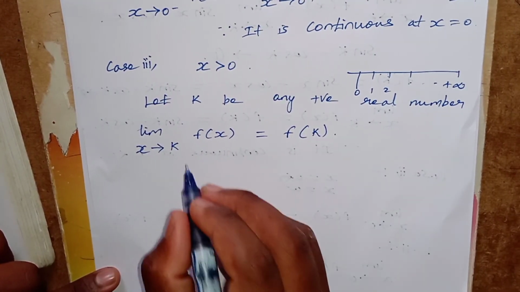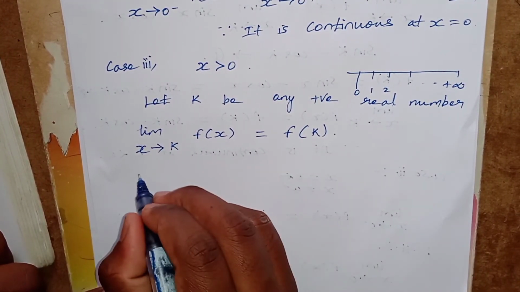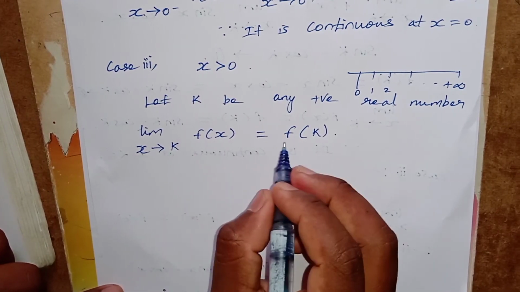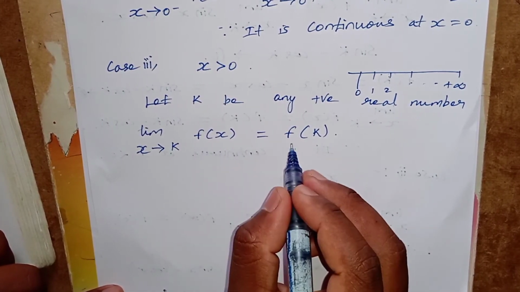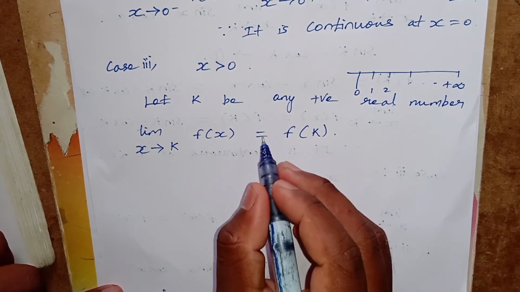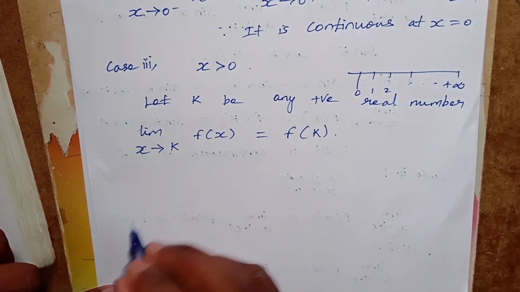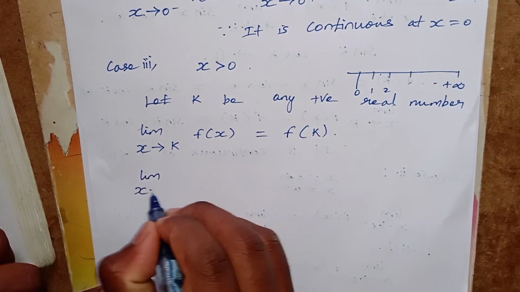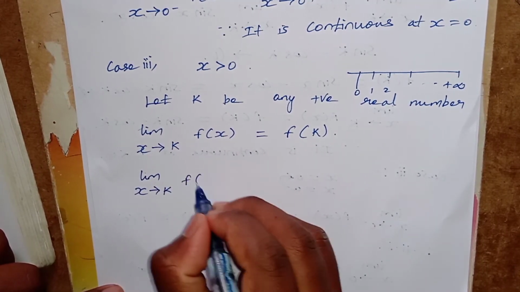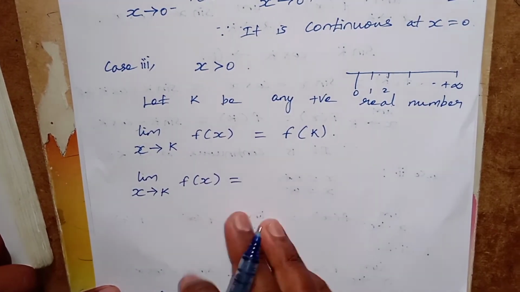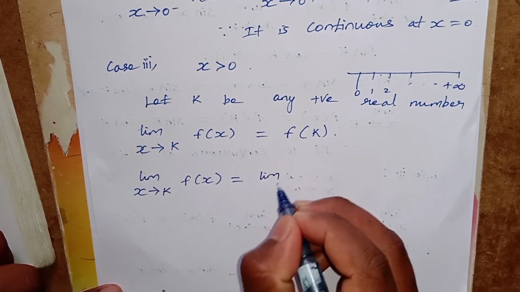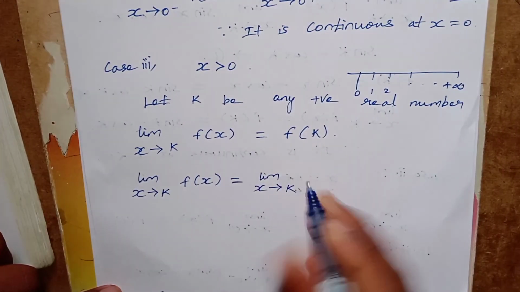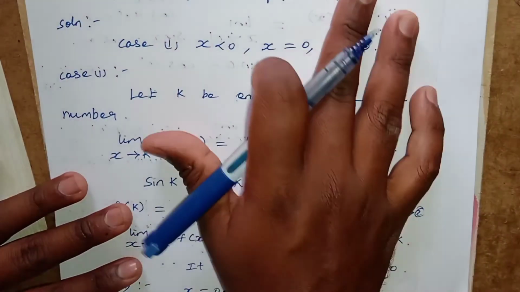This is the general form, therefore you have to satisfy this. Let us check whether it is equal or not equal. If it is equal, then it is continuous. If it is not equal, then it is discontinuous. Limit x tends to k of f of x. For the greater than 0 function, you have to take the function for greater than 0.